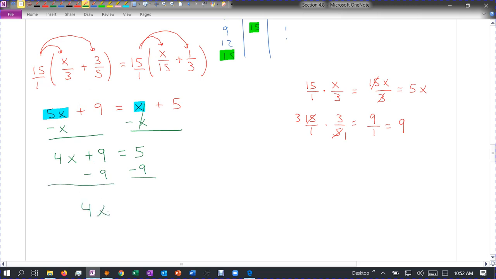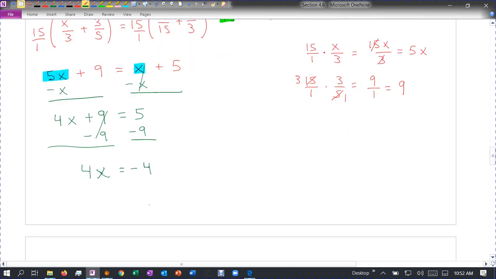We get 4x, because the 9's went away, equals negative 4. 5 take away 9 is negative 4. And last step is to divide both sides by 4. That way we just get x equals, and then negative 4 over positive 4 is just negative 1. There we go.